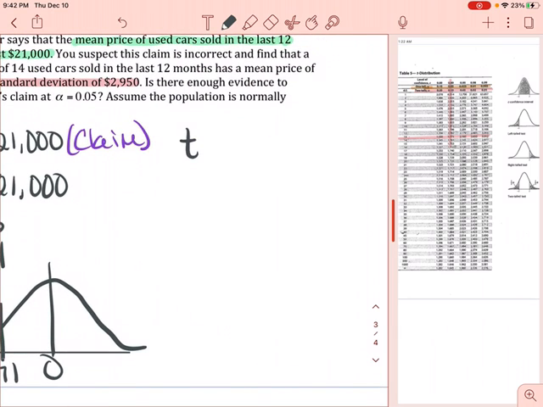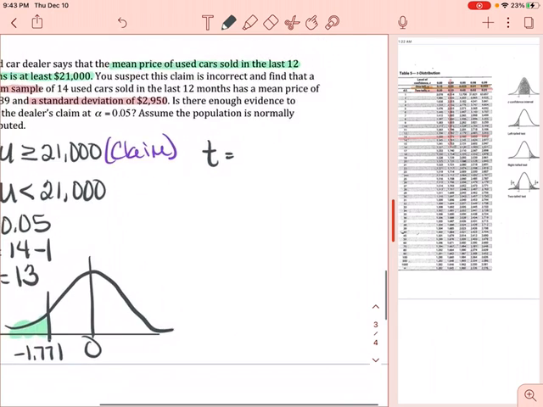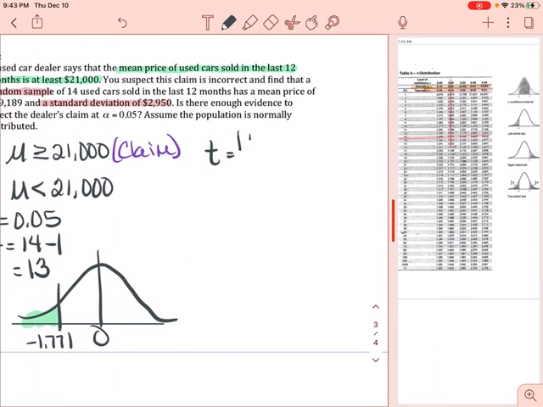Okay, so our test statistic. All right, so the mean was 19,189 minus 21,000, over the sample standard deviation, 2,950 over the square root of 14. Okay, so let's do some computation. I can't bring up my calculator, guys, because it shuts off my app. So we'll go through the calculator computation, like how to use the t-test on our calculator, when I see you again in person.